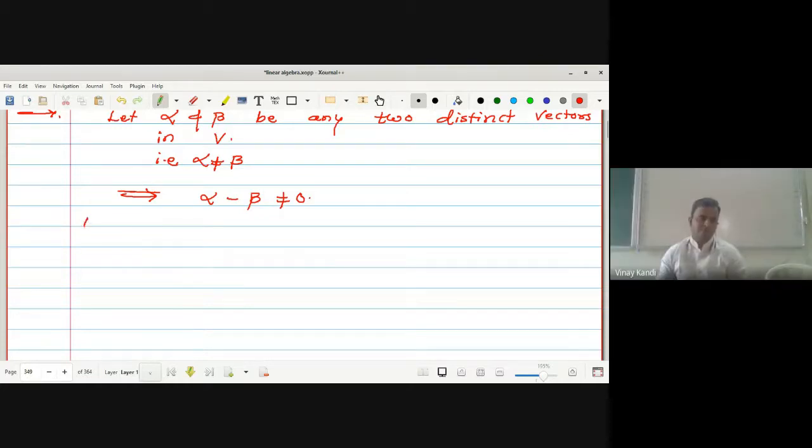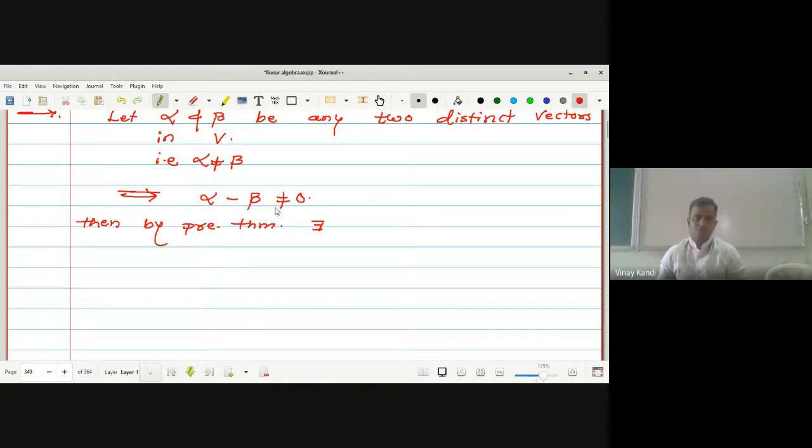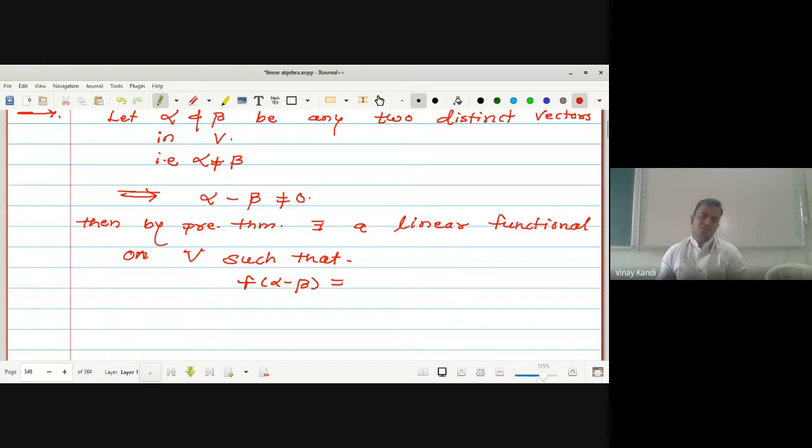Now by previous theorem, what we have? There exists f, for non-zero vectors alpha minus beta in V, we have f of alpha minus beta is not equal to 0. So then by previous theorem, there exists a linear functional f on V such that f of alpha minus beta is not equal to 0. But f is what? Linear functional.